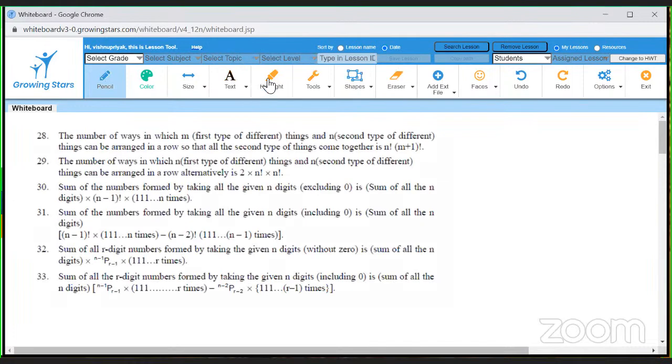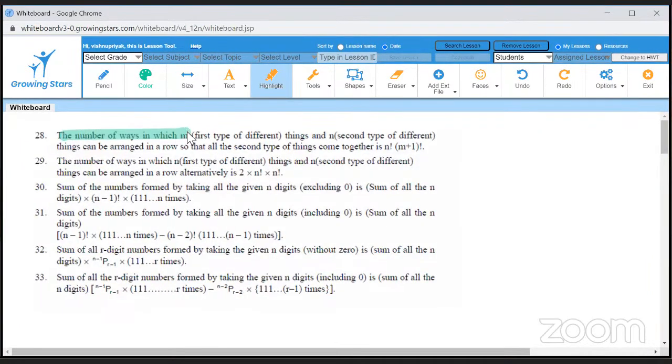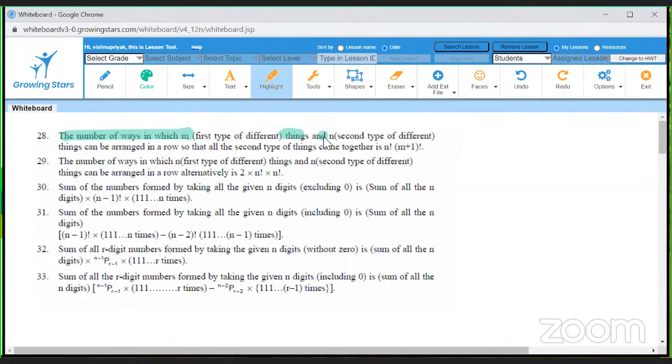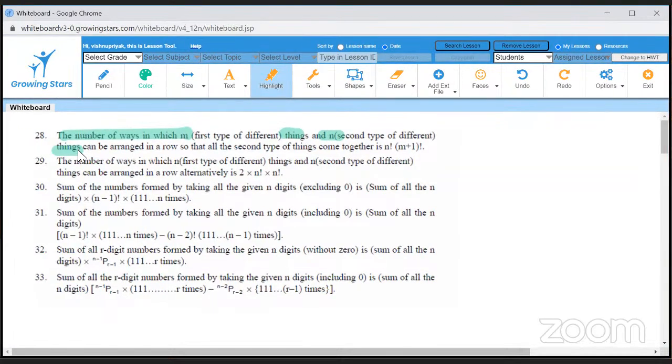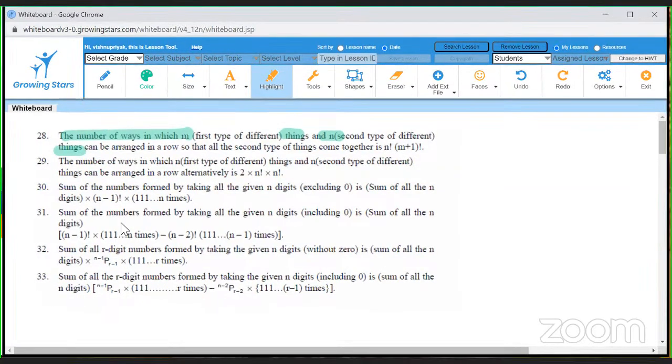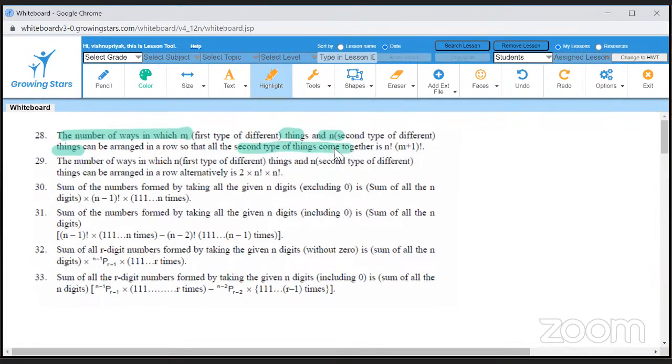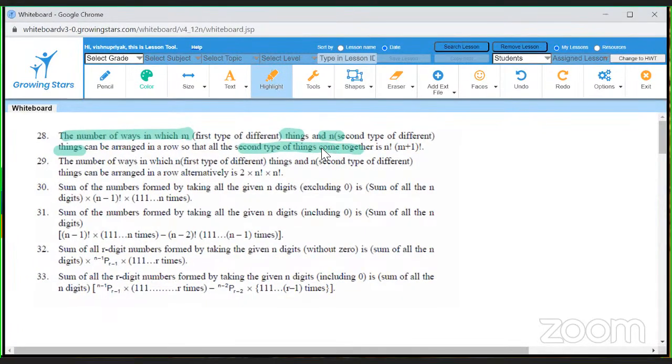Here, the number of ways in which m things of first kind, n things of another kind have to be arranged in a row in such a way that second type of things come together. This time, second type should come together. Then in how many ways can you arrange? The same example I will take.